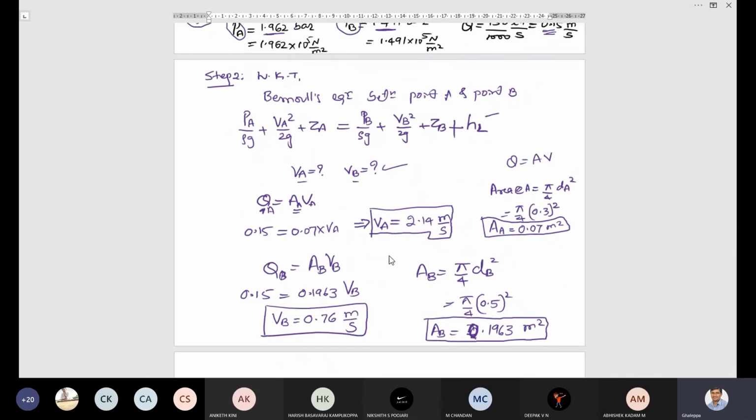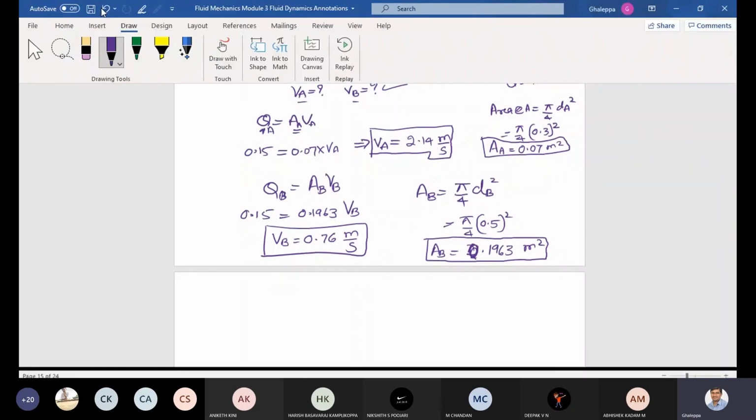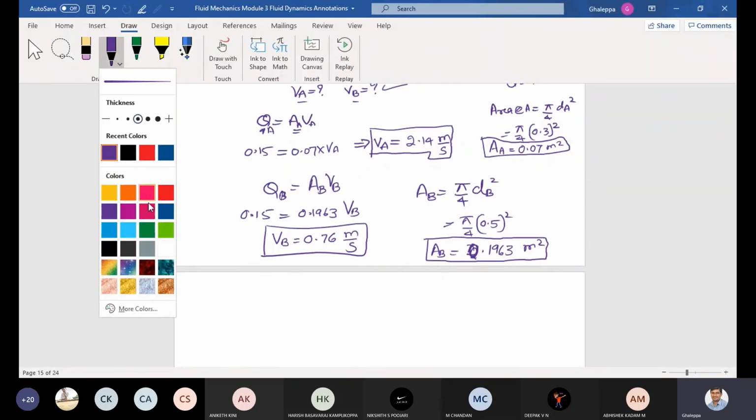Now in the Bernoulli's equation for real fluid, we know all the values. Substitute in equation number 1 and calculate HL, that is head loss due to friction or any kind of losses, the total losses. So step number 3 we will write. I hope all of you are doing it in your calculator.